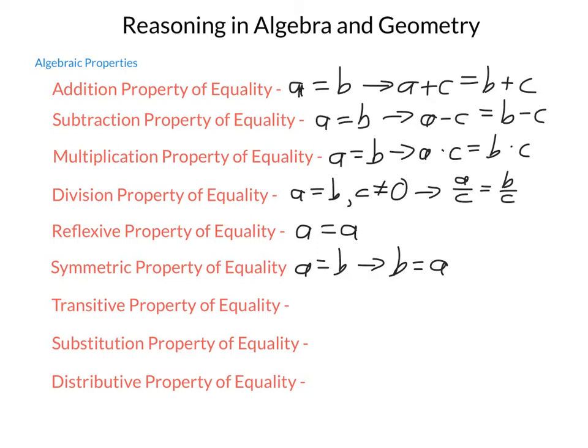And we'll see this more as we move out of geometry into Algebra 2, pre-calculus, and calculus. Transitive property of equality says that if A equals B and B equals C, then A simply equals C. So I can skip over that middle piece and go directly from the opposite ends.